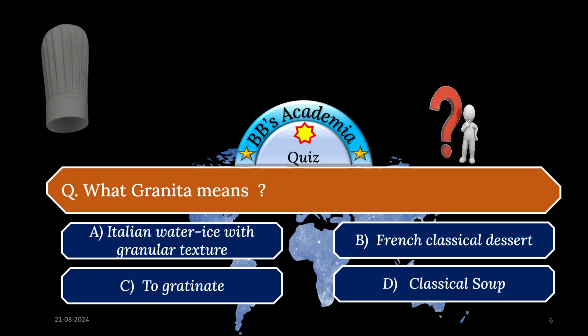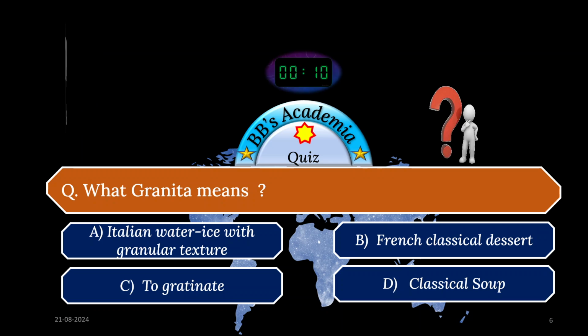Option C, to gratinate. And option D, classical soup. I repeat, option A, Italian water ice with granular texture. Option B, French classical dessert. Option C, to gratinate, and option D, classical soup. 10 seconds are allotted for this question, and your time starts now.